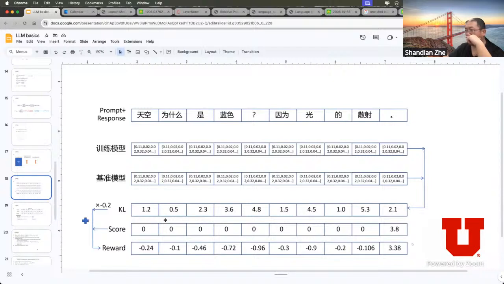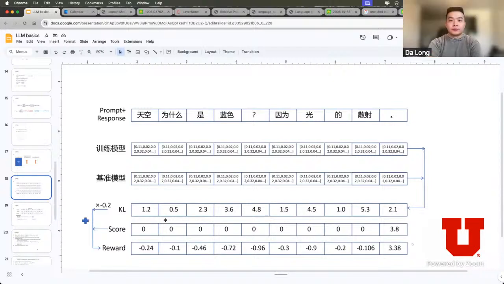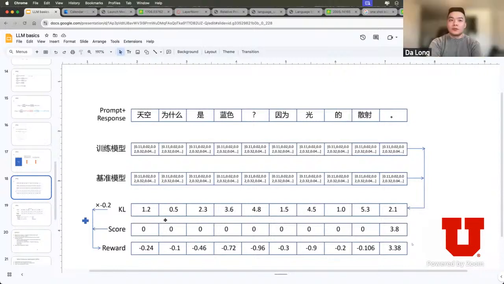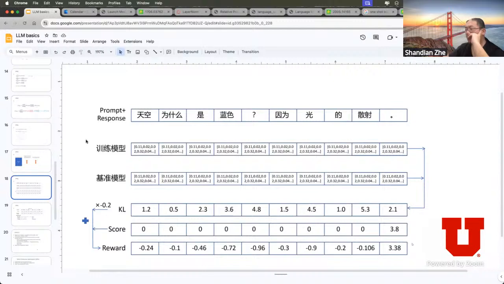And meanwhile, you want the reward at the last token to align with the ground truth token. Yeah, that's a little bit weird, but it's reasonable.